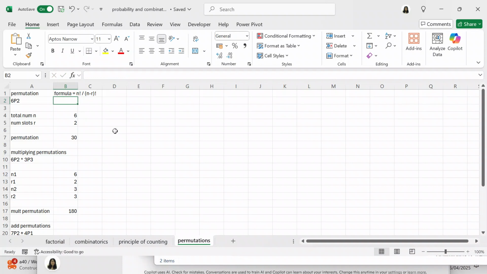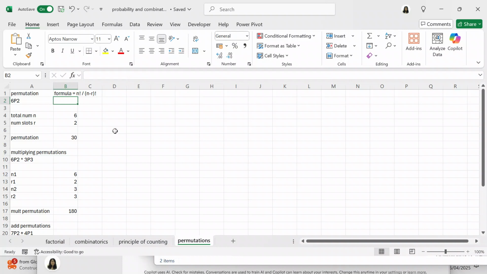So you've got 6 factorial divided by 6 minus r, where r is 2. So that's going to be 6 times 5 is 30, times 4 is 120, times 3 is 360, times 2 is 720. So you've got 720 as the numerator.